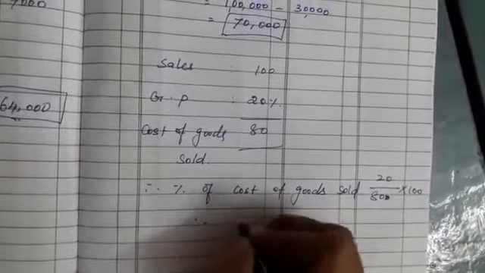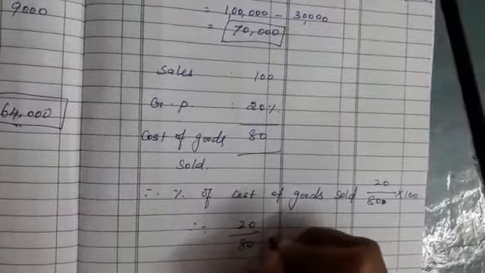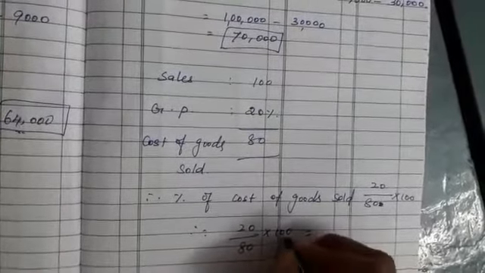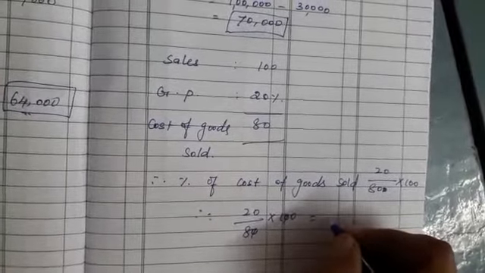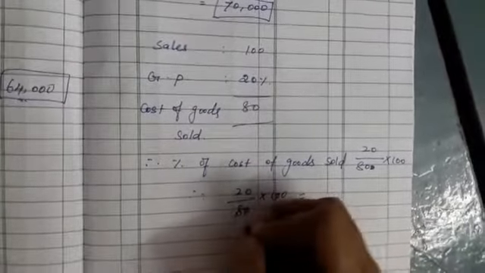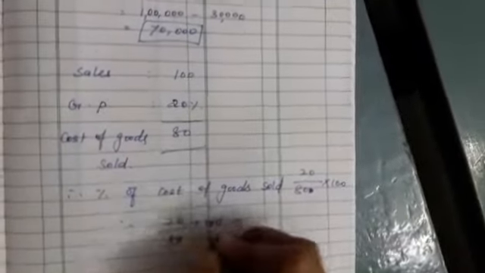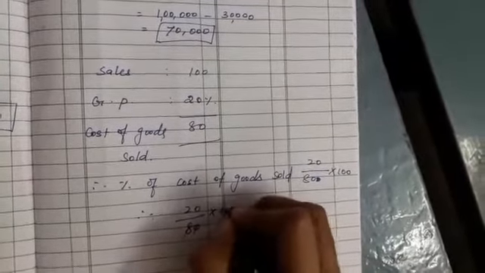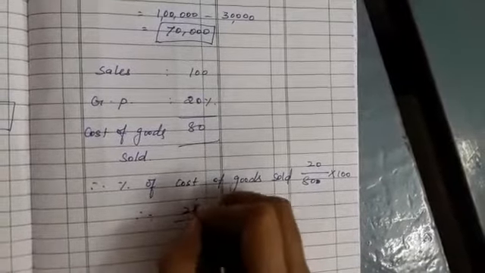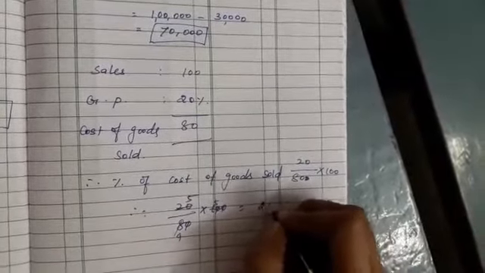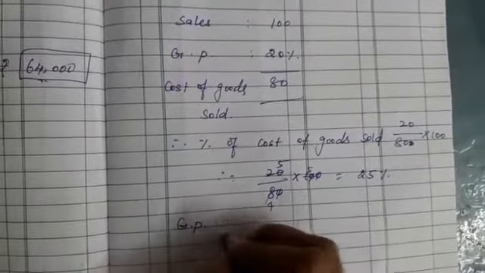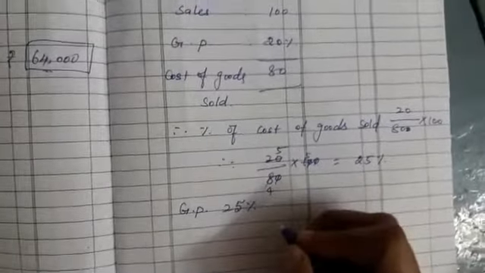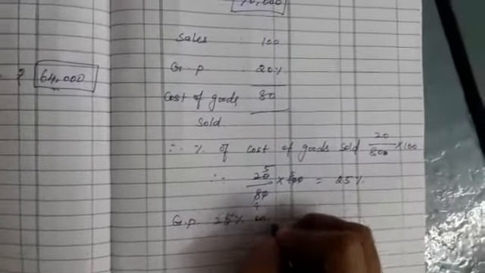Therefore we have to find that: 20 divided by 80 into 100, which is 25%. So GP is 25% on cost. Then we already found the cost of goods sold, 70,000.